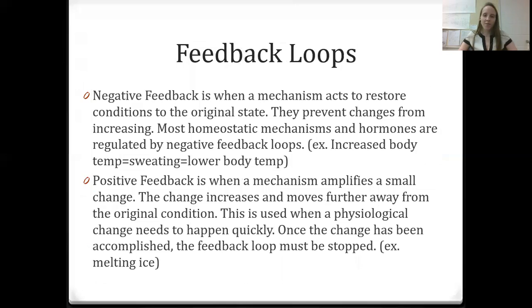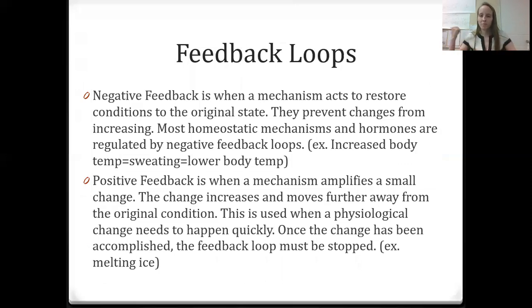A lot of these hormones are controlled by negative feedback loops. So a negative feedback loop is anything that brings a system back to normal. It cuts itself off and stops the changes from snowballing.